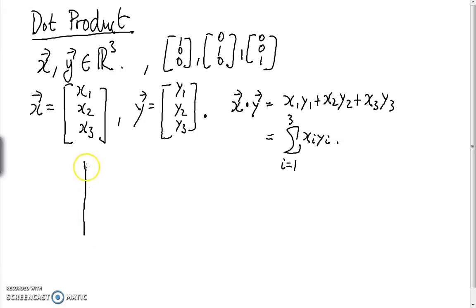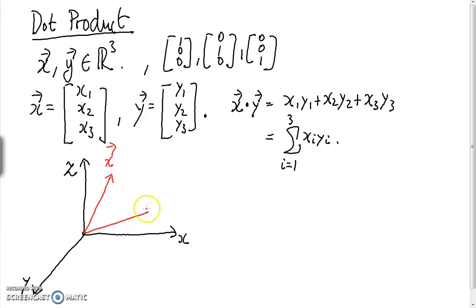Let's say this is the XYZ plane. So X, Y, Z. And let's take two vectors. So maybe this is vector 1, this is X, and this is vector 2, so Y. In fact, let's say this is vector 3.